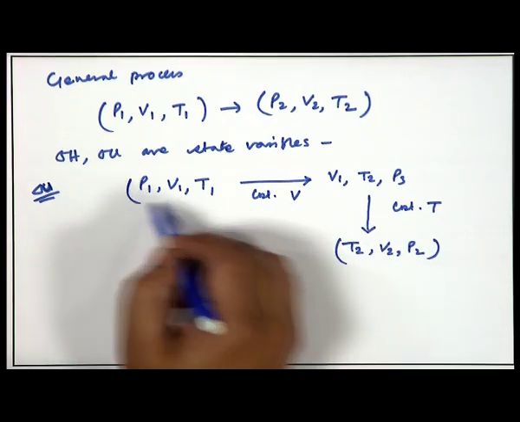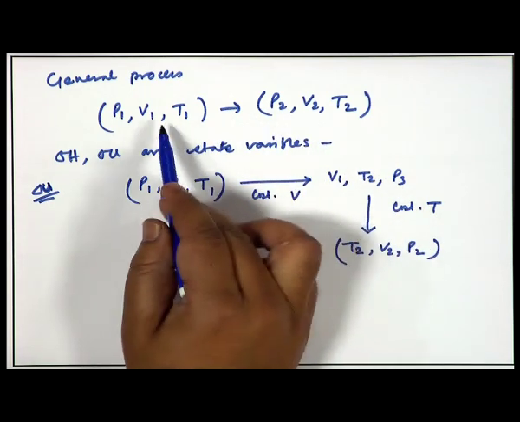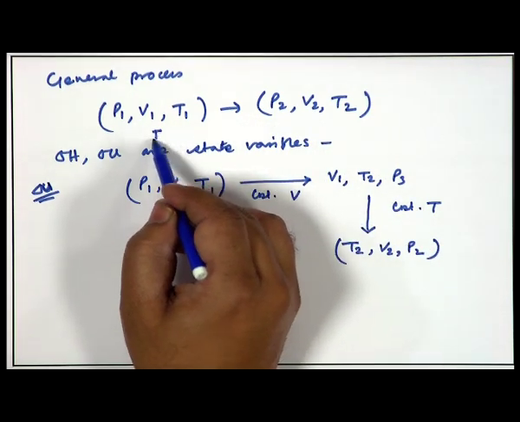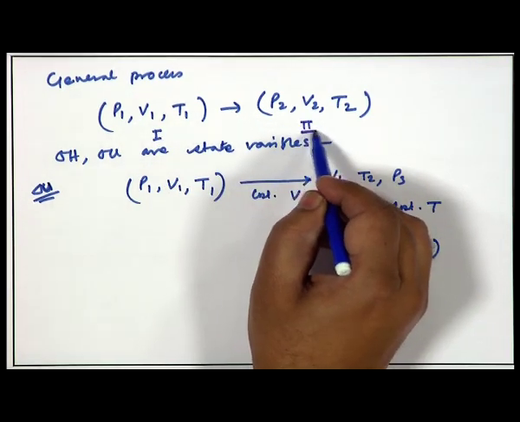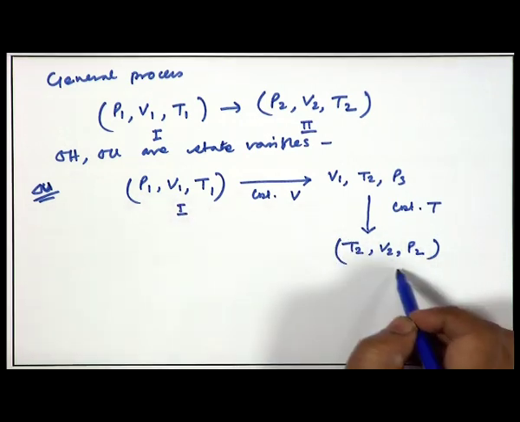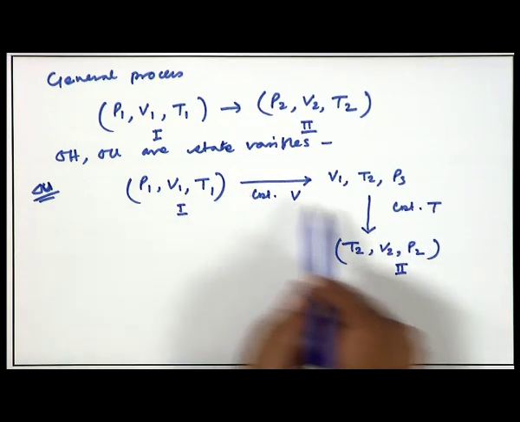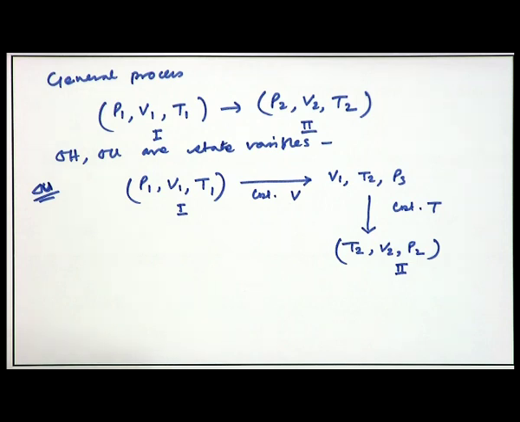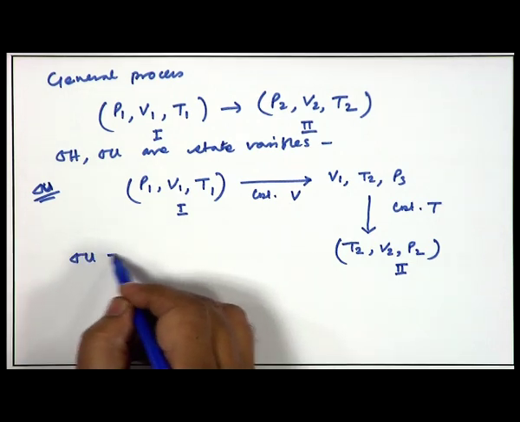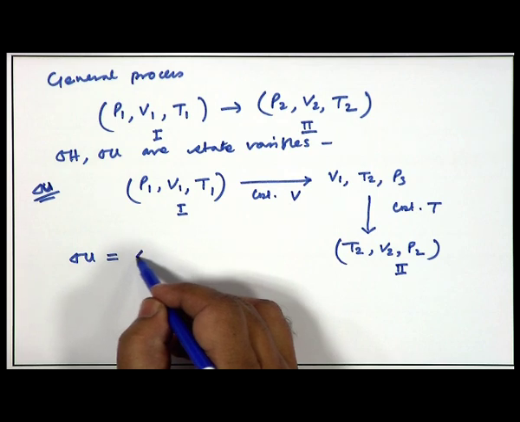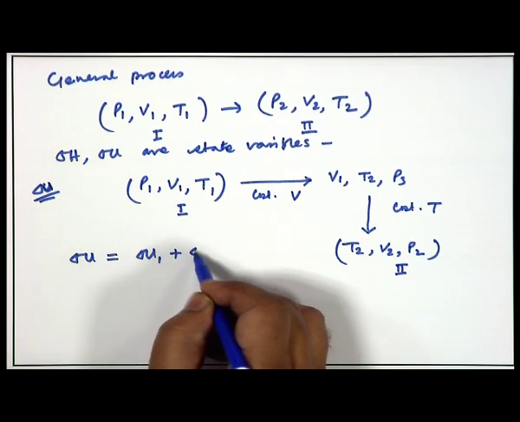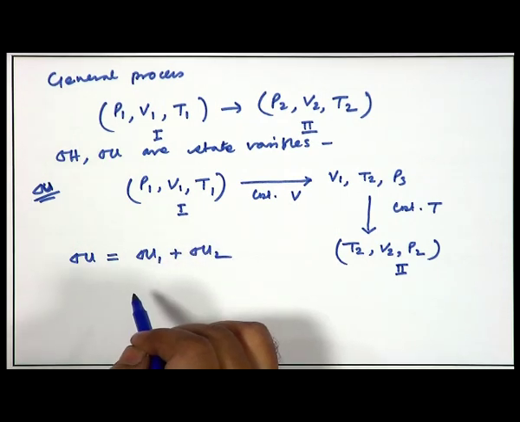So, we are going from state 1 to state 2, but in 2 steps now. So, what will be del U then? Del U would be del U in the first step plus del U in the second step.